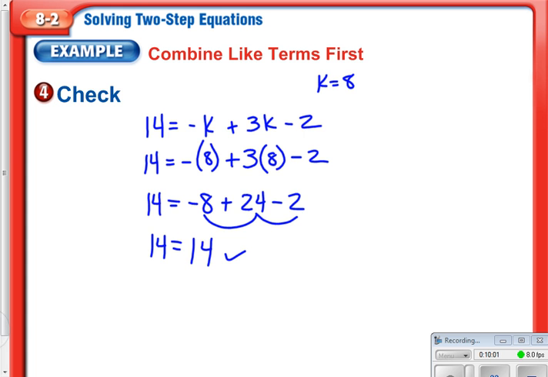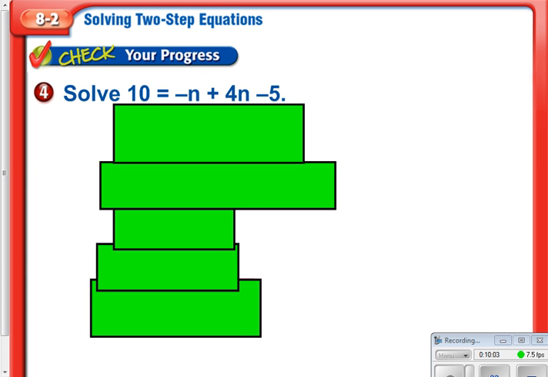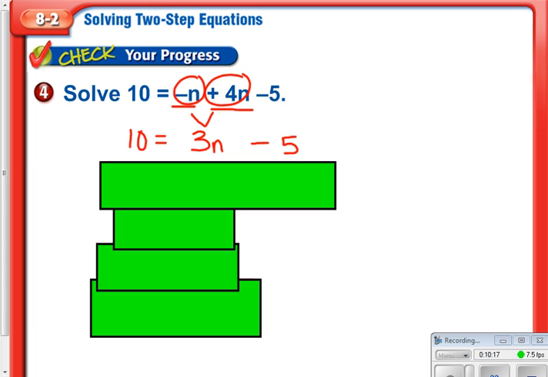Go ahead and pause the video and work through this next example. Alright, now that we're back, first thing that I would take care of is step 1 would be to combine my like terms, negative n and a positive 4n. That would give us 3n. So we have 10 equals 3n minus 5.